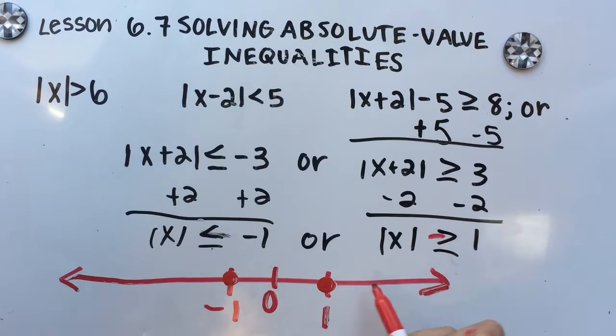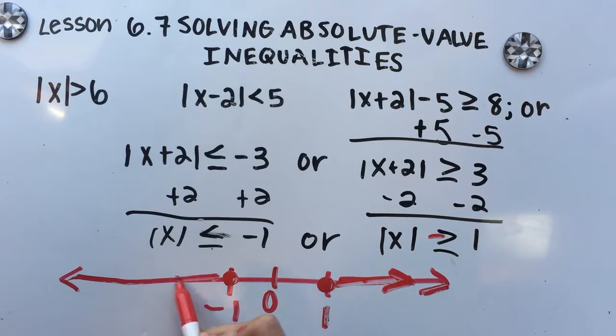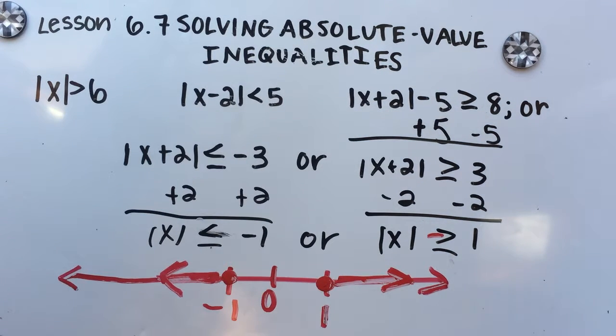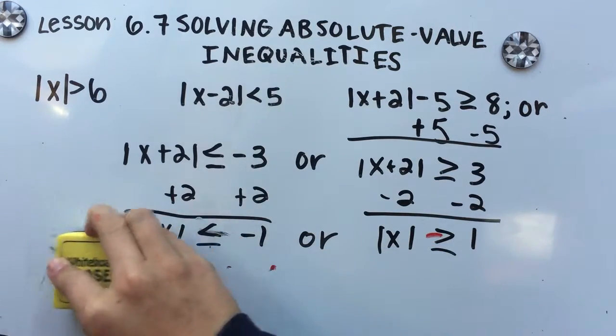And this line is going this way, and this line is going this way. So we have x is less than or equal to -1 this way, and x is greater than or equal to 1. That is how you solve absolute value inequalities.